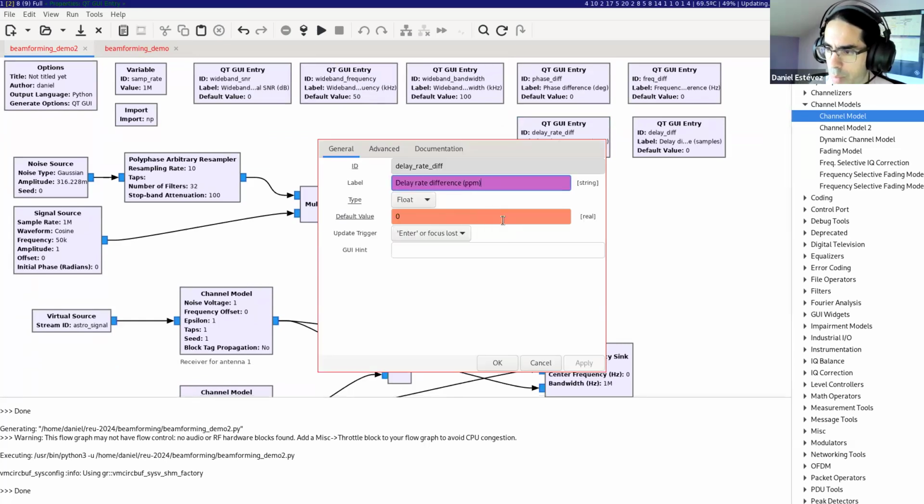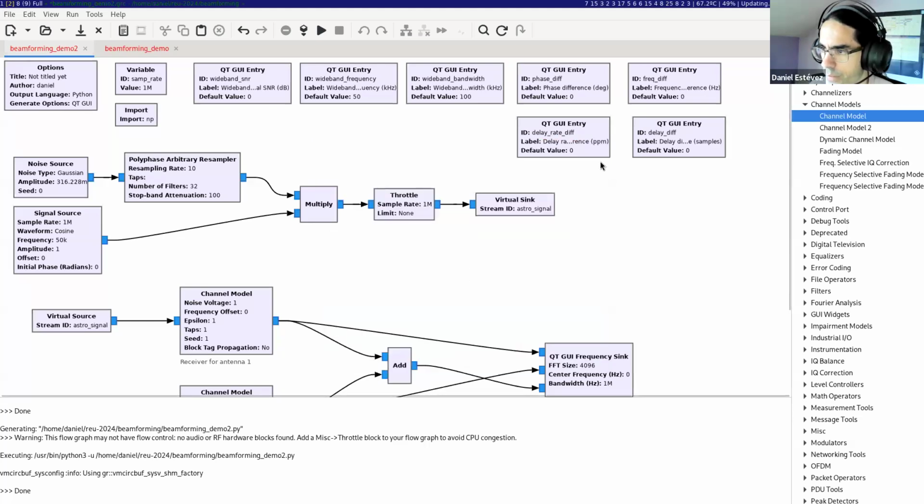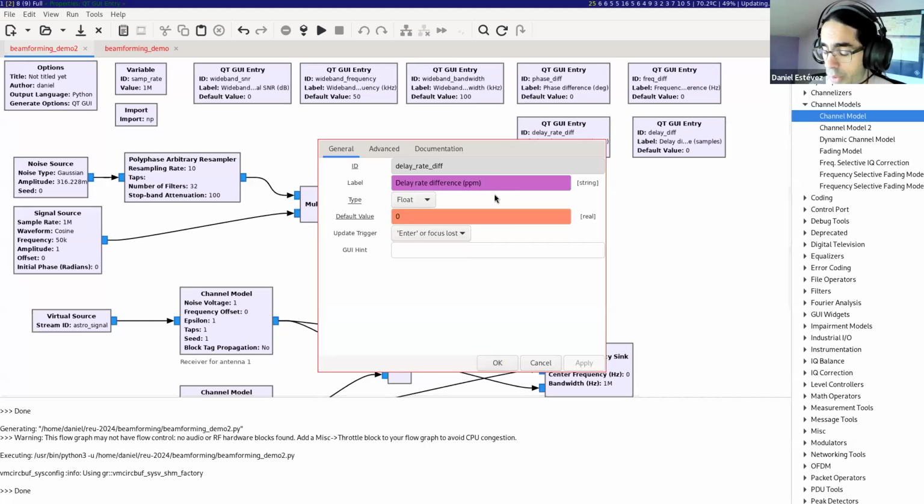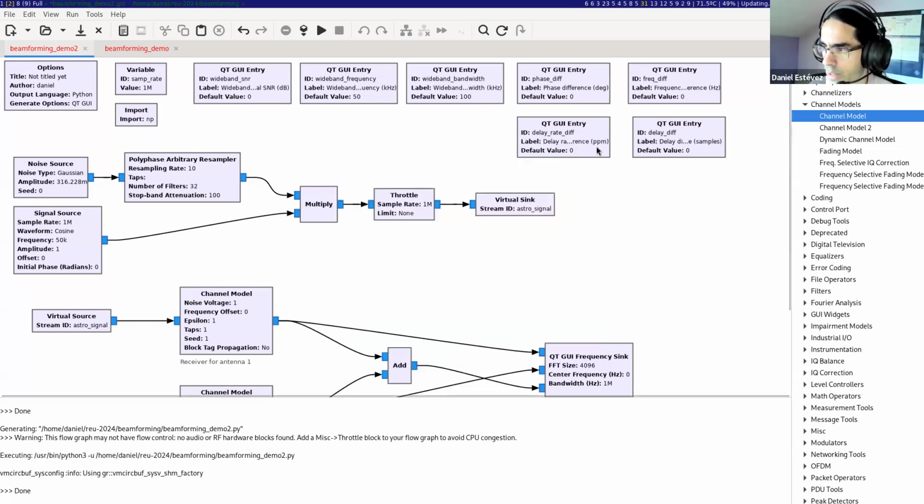For example, 1 part per million would mean that for every 1 million samples, an additional 1 sample of delay is being accumulated. Another way of thinking about that is every second, 1 millionth of a second of delay is being accumulated. So that's delay difference.